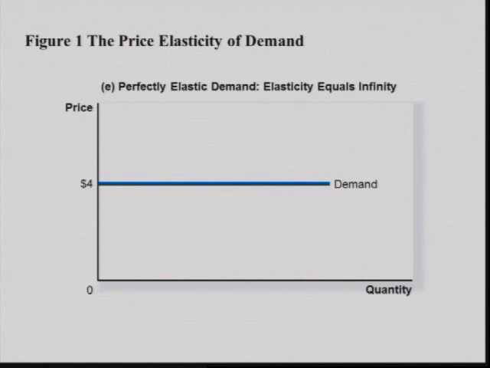They're going to sell it for $1 because that's what everybody else is selling it for. If they try to charge $2 for it, what's going to happen to their sales? Drop. Okay, people are going to find a different one. They're going to switch over to Dasani, right? Or a different brand. So this is the demand for a particular, you could think of bottled water in this case.